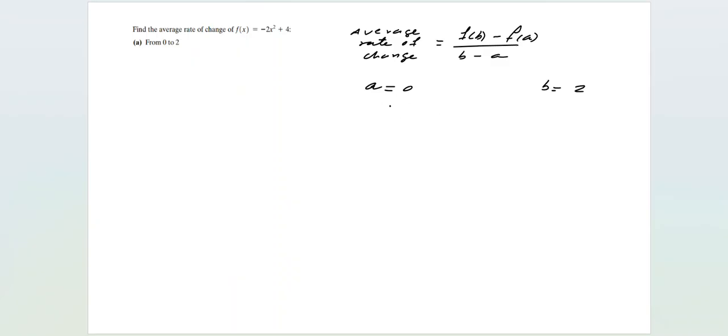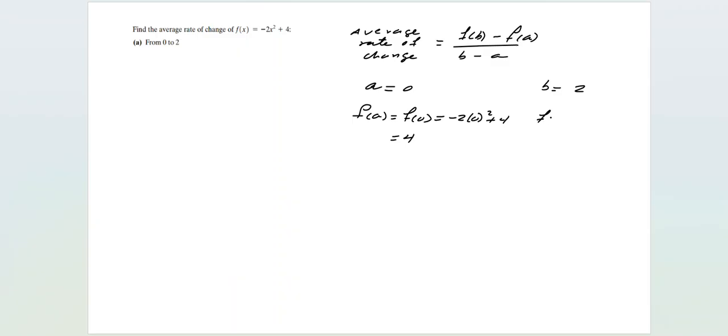So if a equals 0, f of a is going to be f of 0. So it would be minus 2 times 0 squared plus 4. So f of a would be equal to minus 2 times 0 squared, which is 0, plus 4, it would be 4. So f of a would be 4.